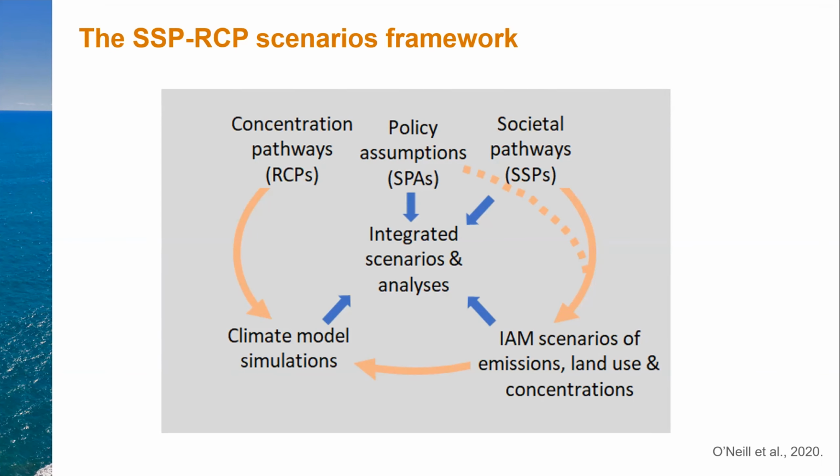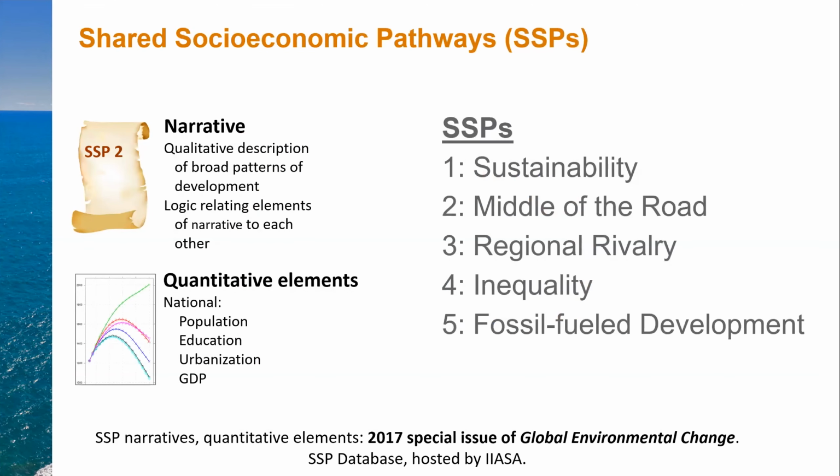But let's, for a minute, go into a little bit more detail about what's in an SSP, and by extension in an integrated scenario that uses them. The SSPs themselves have two components. They have some narrative text, a couple pages of text that tell a story about how the world may evolve, broad patterns of development, the logic of why certain elements are changing in some ways than the others.